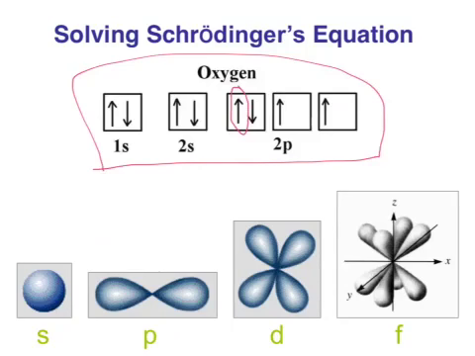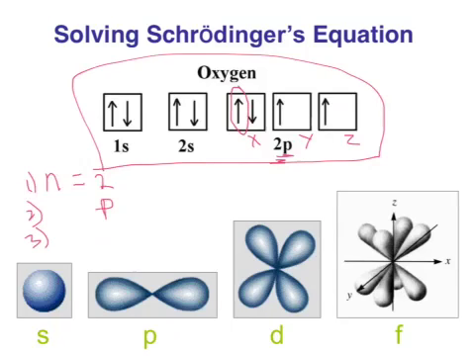So the principal quantum number is going to be 2. It's in the second shell, shown by this. The second quantum number tells me it's a p orbital, defined by here. The third, now I can call this p sub x, p sub y, p sub z on the orientation, right?